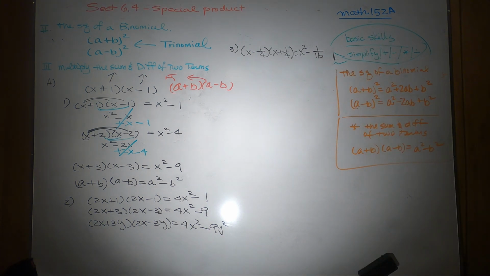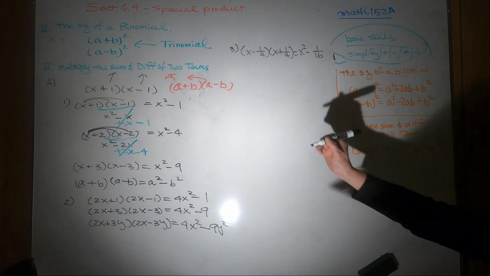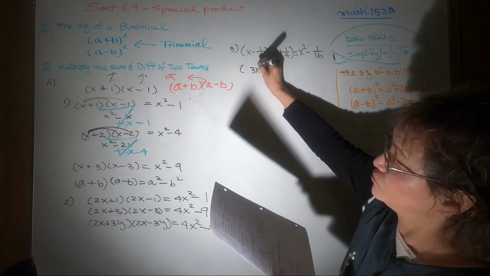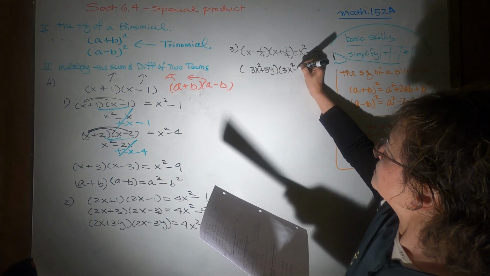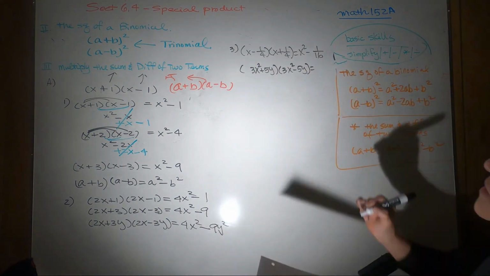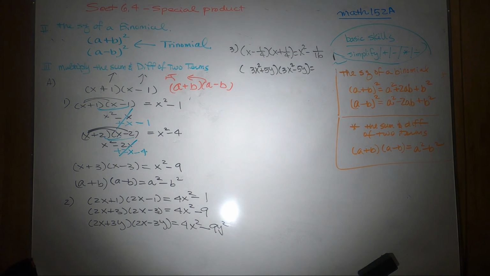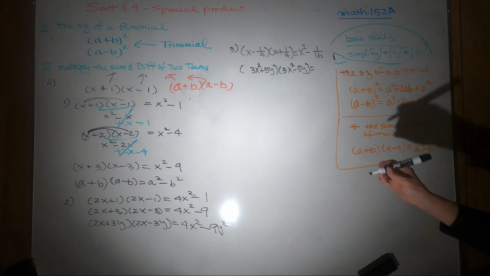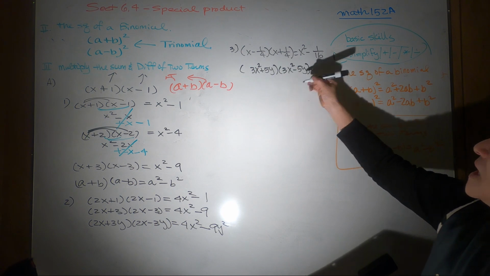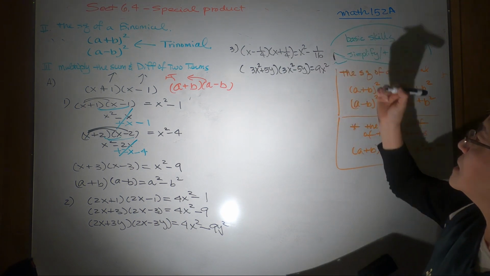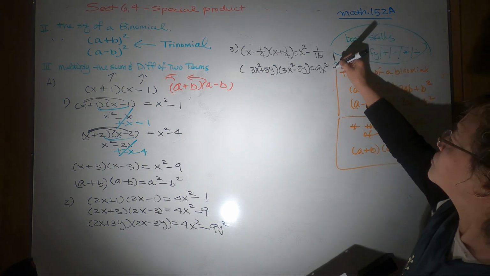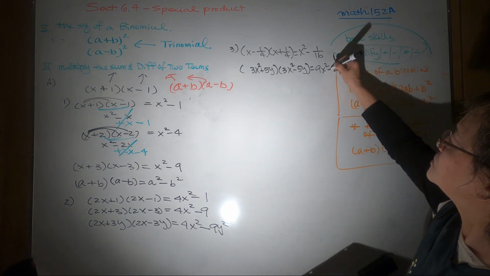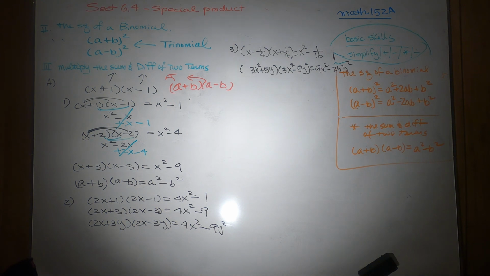That's all you need. If you have 3x squared plus 5y times 3x squared minus 5y, can you do the same thing? So 3x squared times 3x squared is 9x squared, 5y times 5y is 25y squared. Then you just minus. Then that would be your answer.